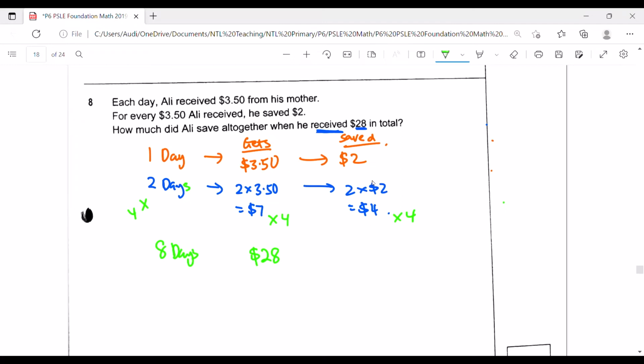Here will be 2 days, okay? 8 days, $28, and you get $16. Right? And that is our answer. How much did Ali save altogether? When he received $28, he saved $16.